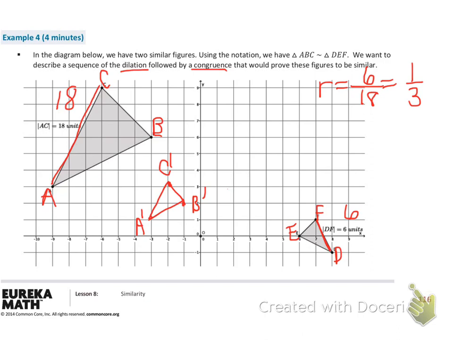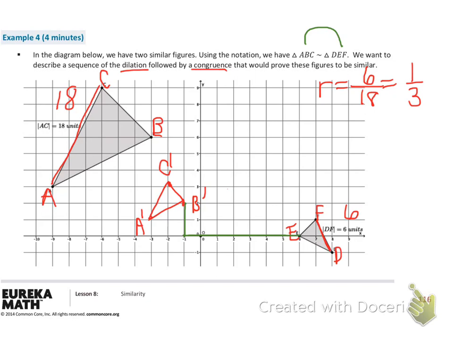I know that vertex B corresponds to vertex E because it's in the same position in my similarity statement. So I'm going to translate down 2 and to the right 7 to map B to E.